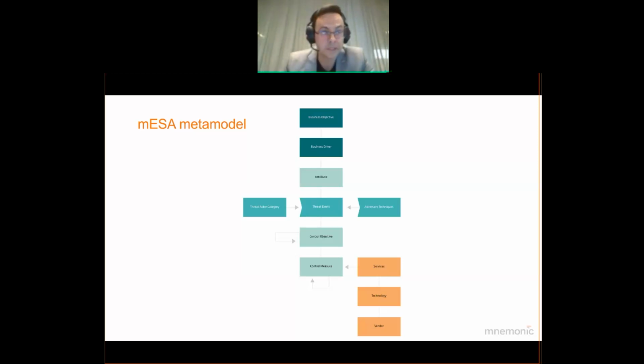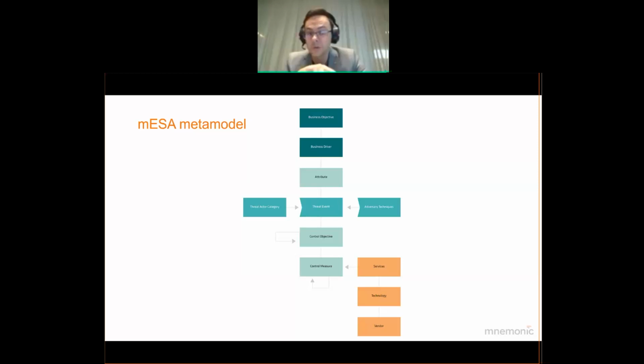As an example, in mnemonic, as our internal framework, we have mapped it to our mnemonic services. In this way, mapping to mnemonic services, we have a full service catalog, and we ensure we can focus on which services we can provide to track back to the threat events that we are more interested in.